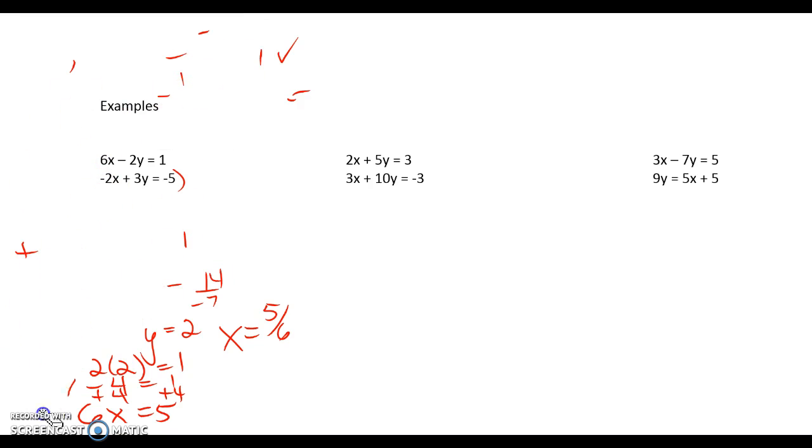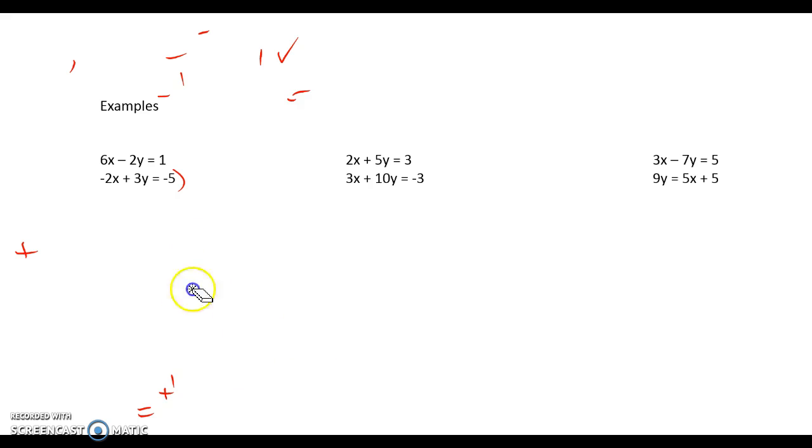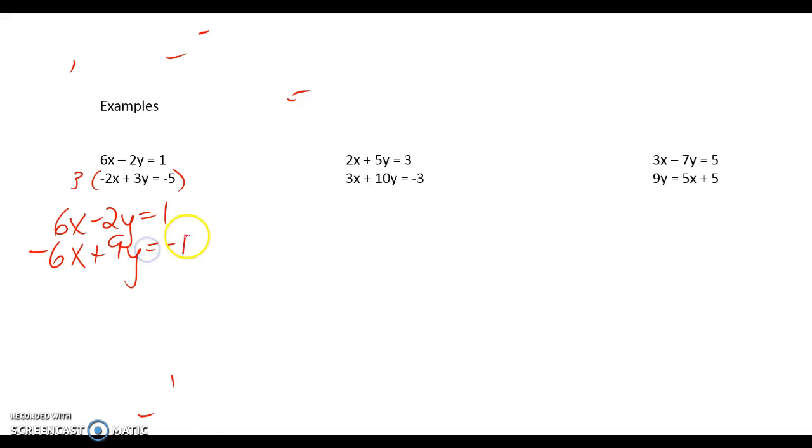So I'm erasing it, and I'm starting over on this problem. What do we want to multiply one of these equations by to get the same coefficient in front of a variable with different signs? I'm going to multiply this by 3. I'm going to rewrite the first equation. Then I'll multiply: negative 6x plus 9y equals negative 15.